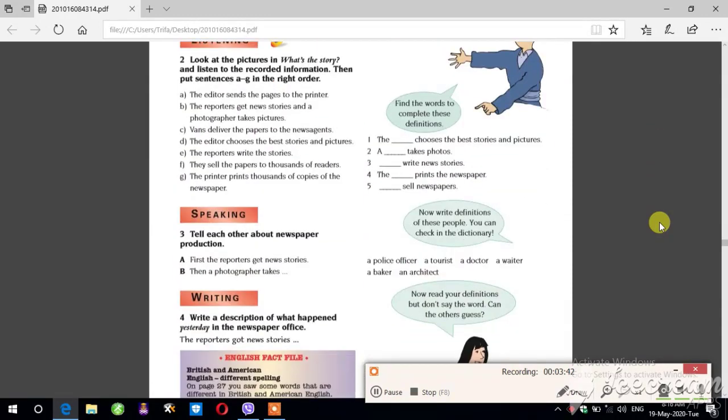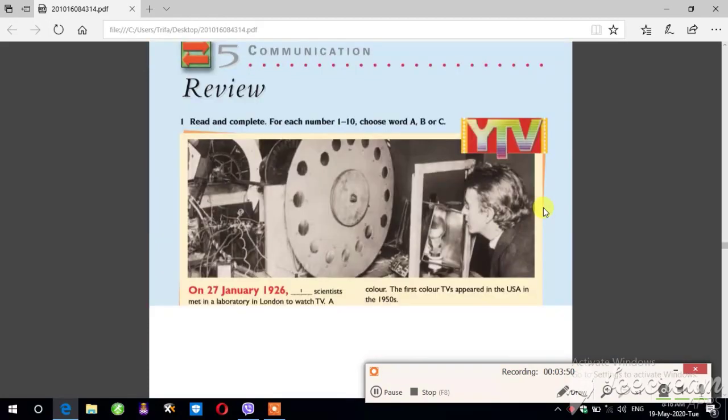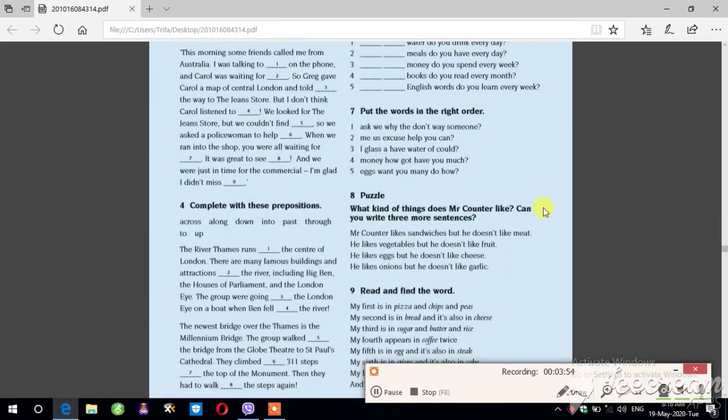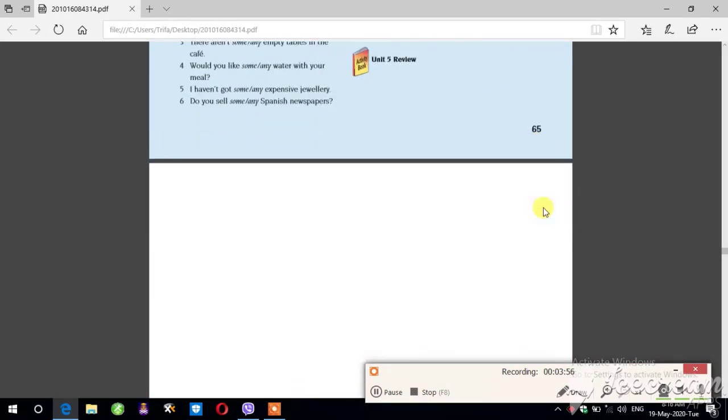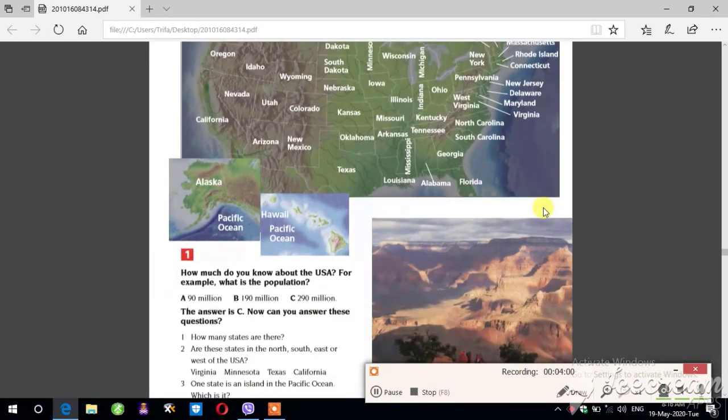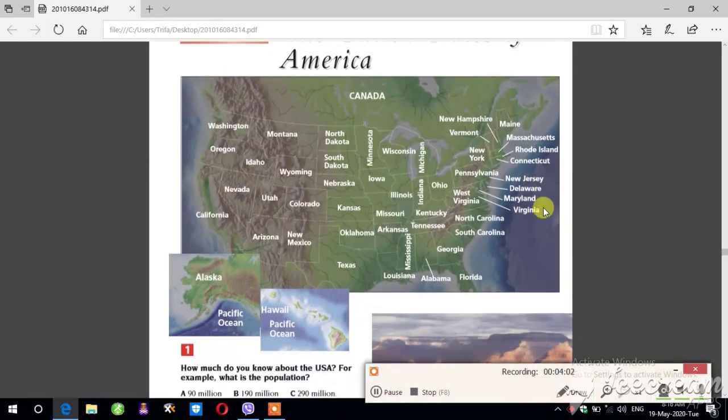There is some information you have to read and review. We said these are definitions of people, and this one is the revision of Unit 5. There are many good examples and exercises in the activity book.